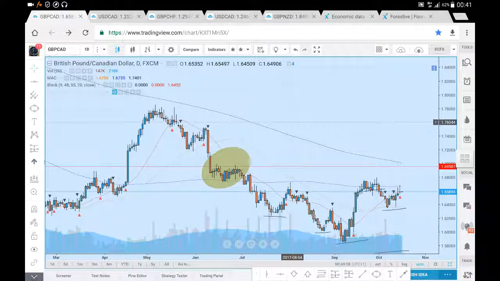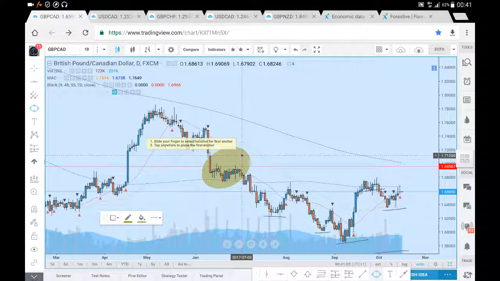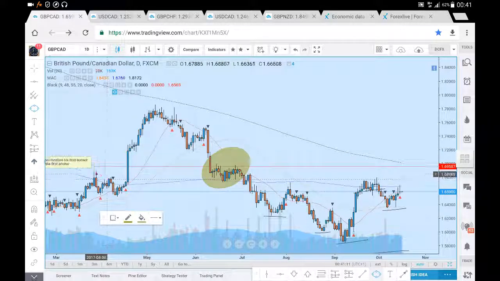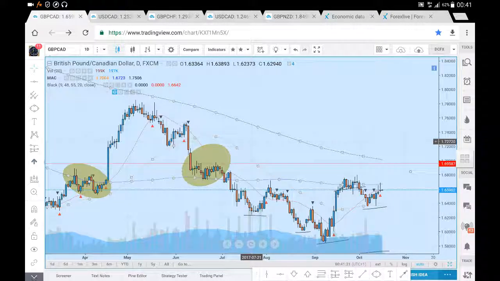We've got a bit of consolidation there. We did have a bit of consolidation in and around that, but the most recent consolidation was around the 169.58. So we marked that out on the chart.